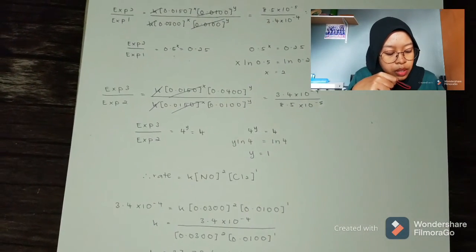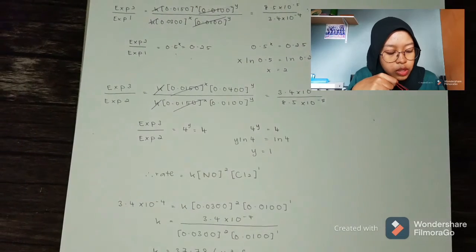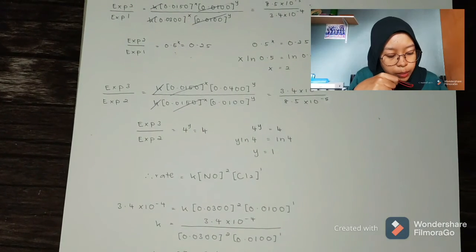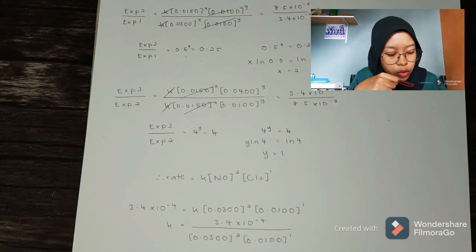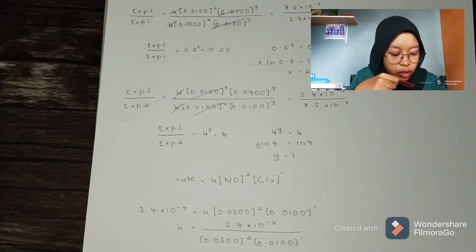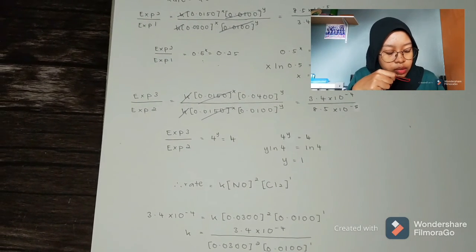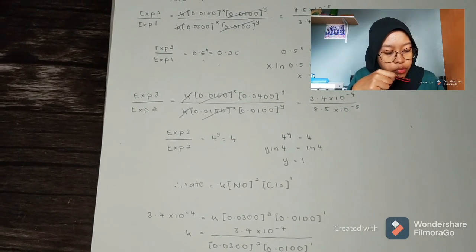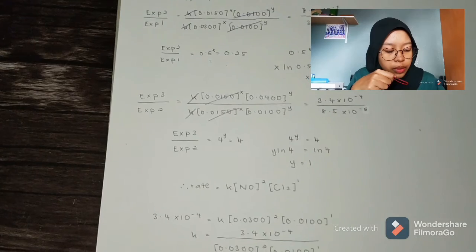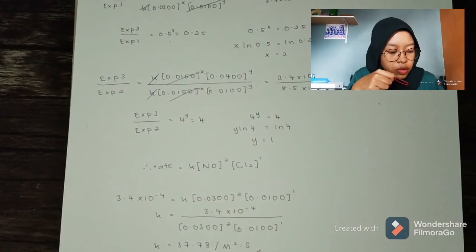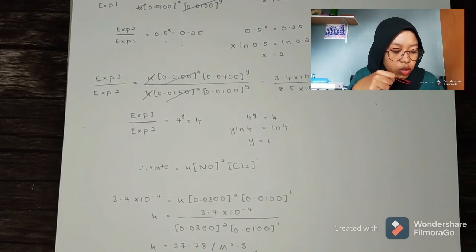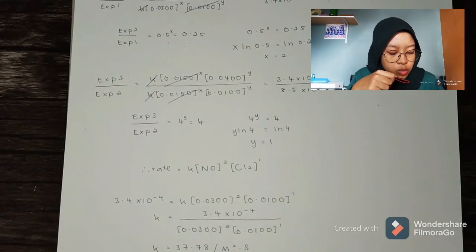So we rewrite experiment 3 over experiment 2 equals 0.0400 to the power of y divided by 0.0100 to the power of y, we will get 4 to the power of y, and dividing the rate, 3.4 times 10 to the negative 4 by 8.5 times 10 to the negative 5, we will get 4. So the same as x, 4 to the power of y equals 4, y ln 4 equals ln 4, and we will get y equals 1.